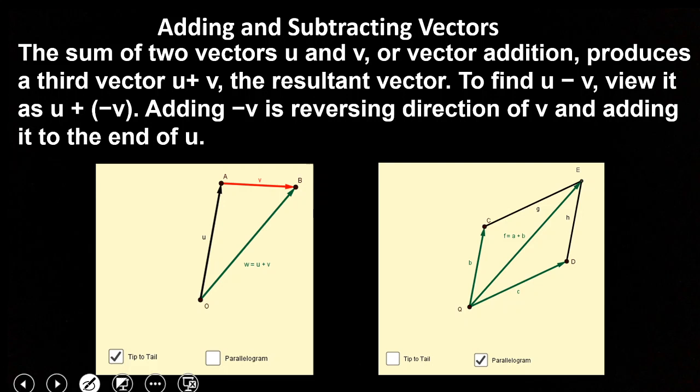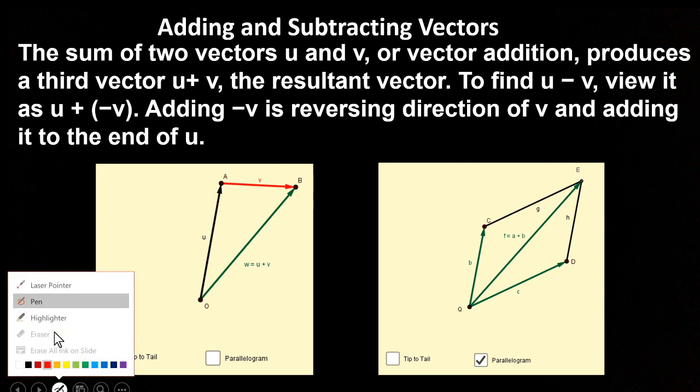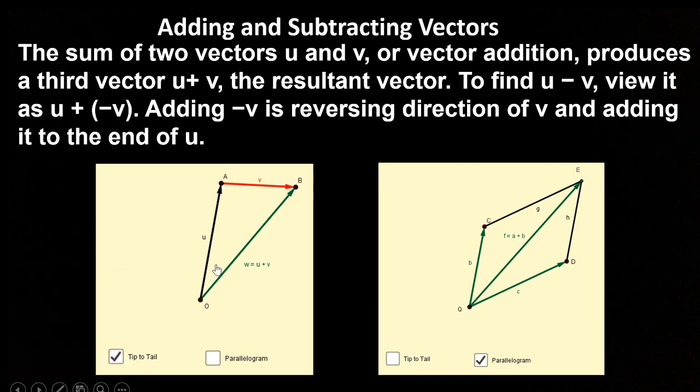Alright, how do we add and subtract vectors? Well, we can do it geometrically. If we have two vectors u and v, we can take u and put v right after u ends.